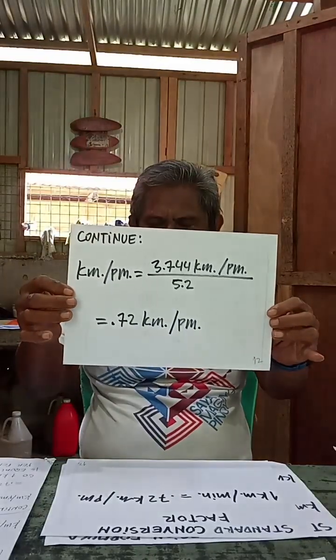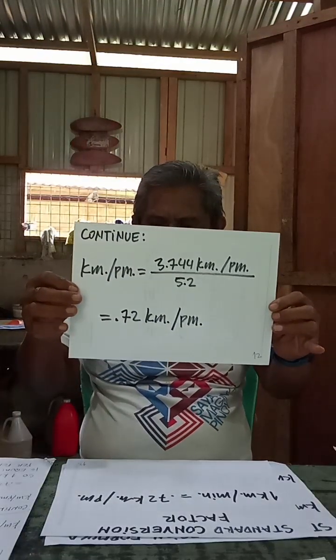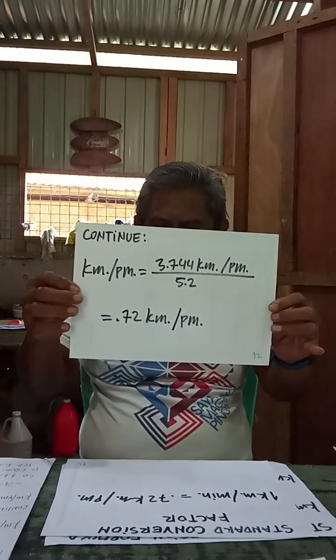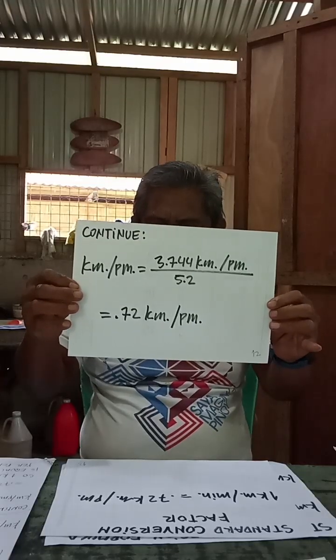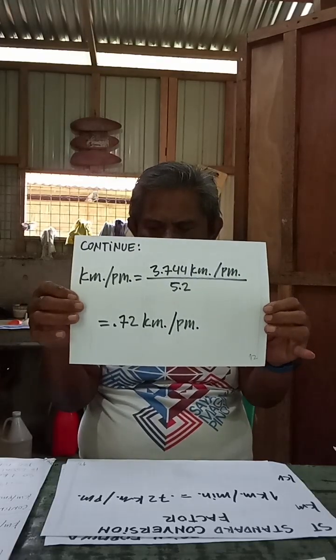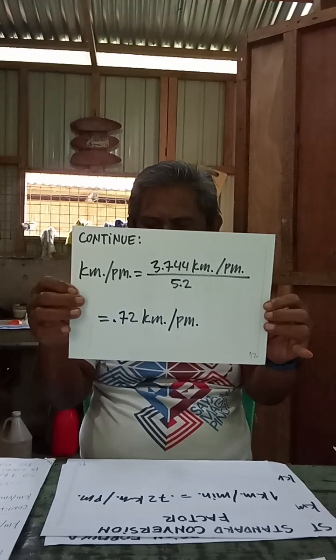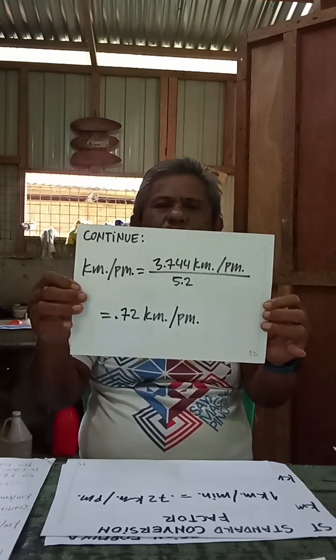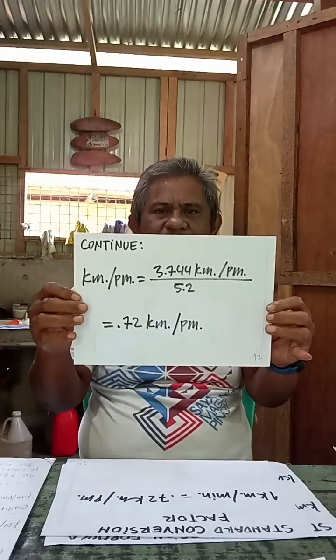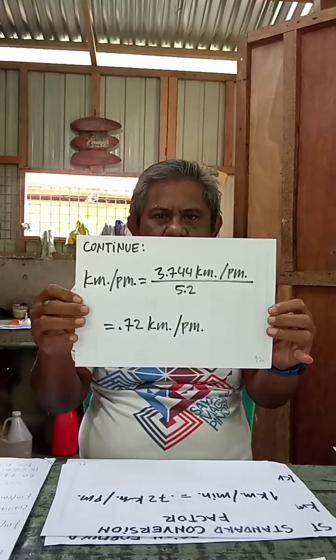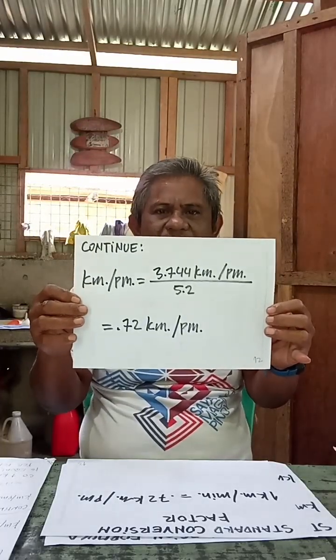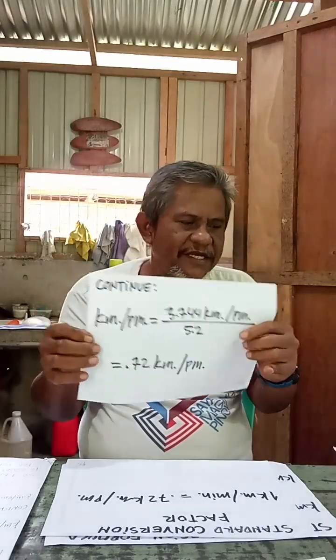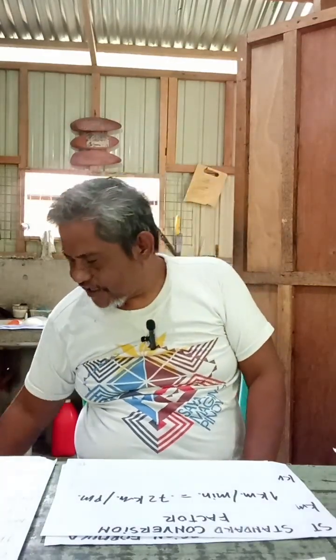Kilometer per peri-minute, 3.744 over 5.2, equals 0.72 kilometer per peri-minute. So 1 kilometer per minute is equal to 0.72 kilometer per peri-minute. And we have now a standard conversion factor.